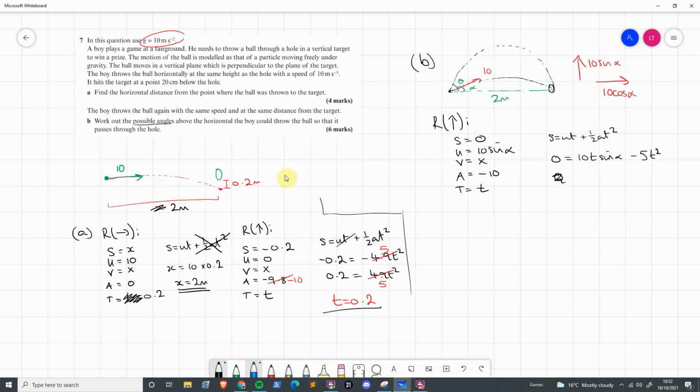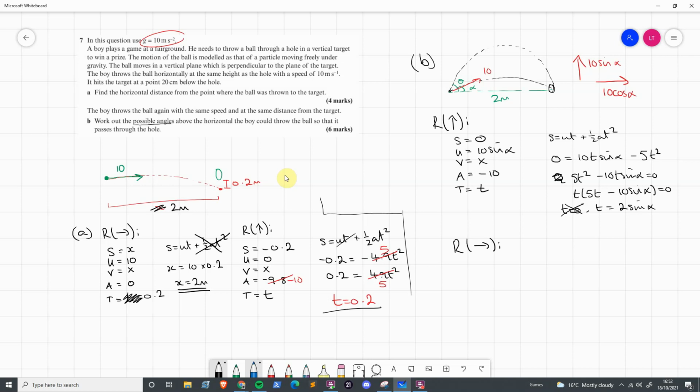I'll make this positive, so 5t squared minus 10t sine theta equals 0, then I'll factorise out t. Might be useful, might not, but it just tidies it up a little bit. Can't do any more than that. Well, in fact, we could say that t equals 0, which is at the start, which we don't care about, or t equals 2 sine theta. We definitely can't do any more after that, because we need to find the angle.